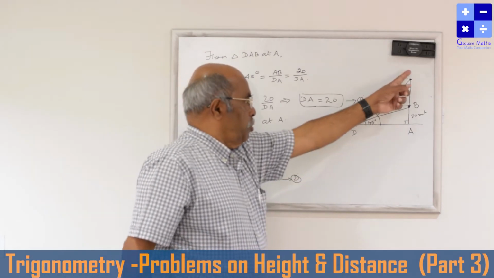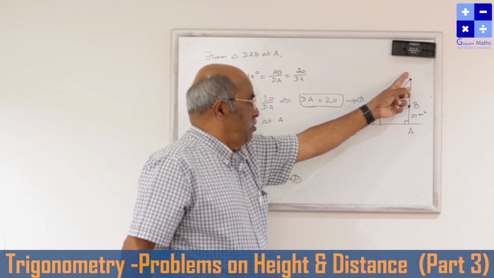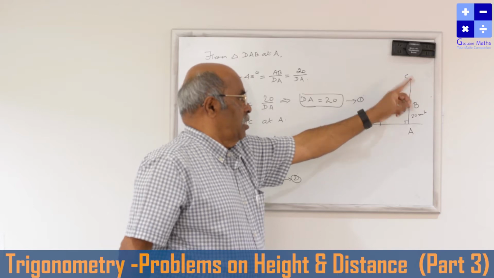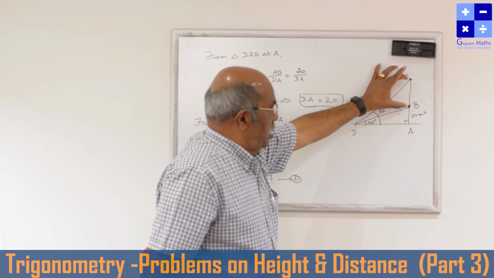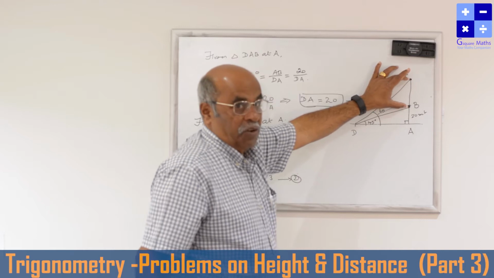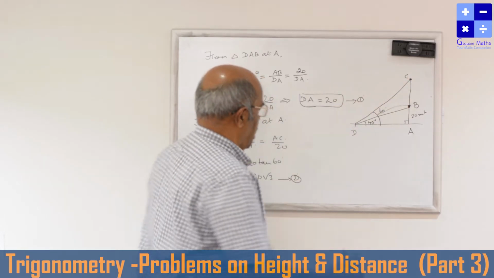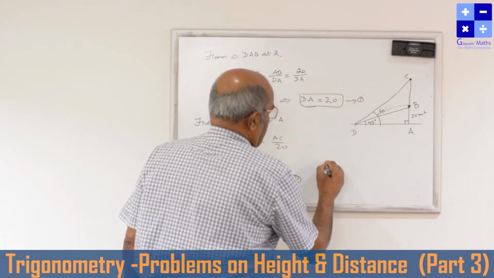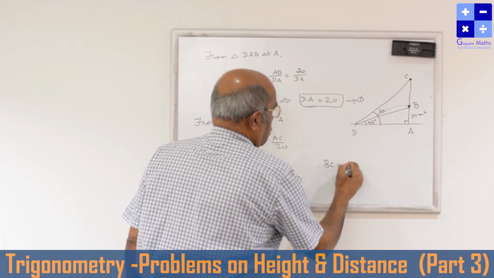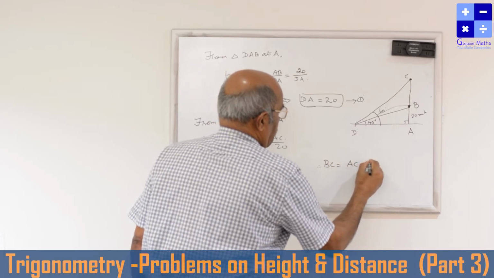AC is equal to 20 root 3 from the ground level we are calculating. But we are asked to find out the height of the transmission tower only. We can find out only BC. Therefore, BC is equal to AC minus AB.